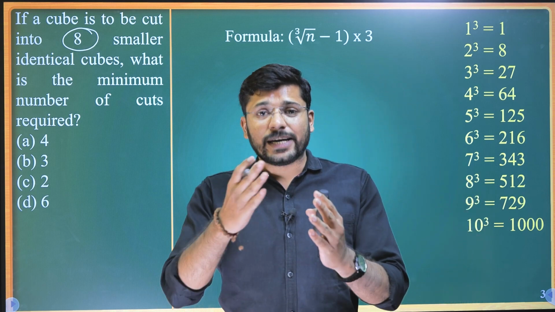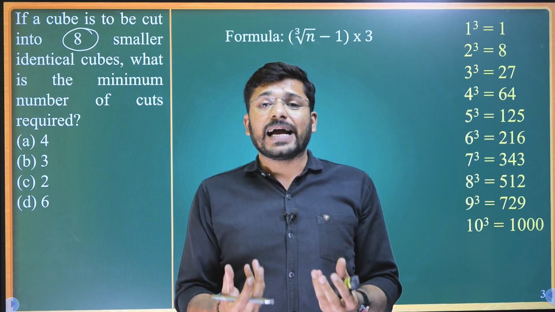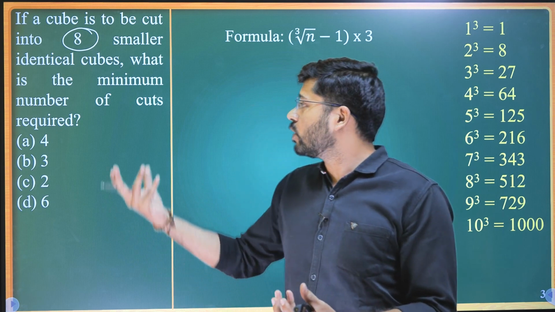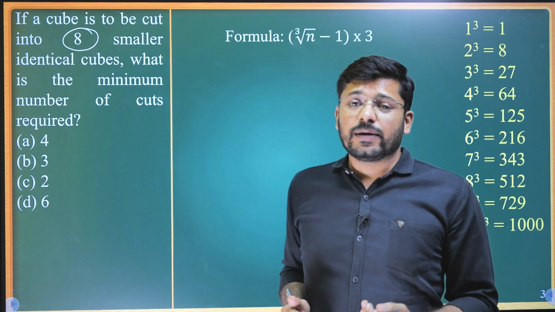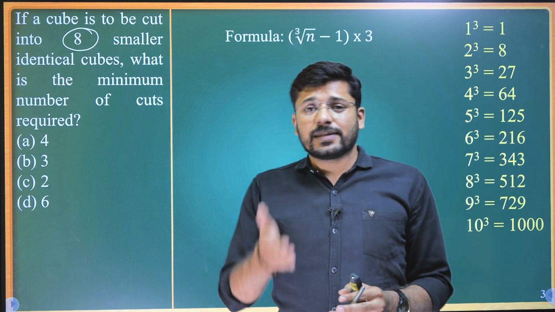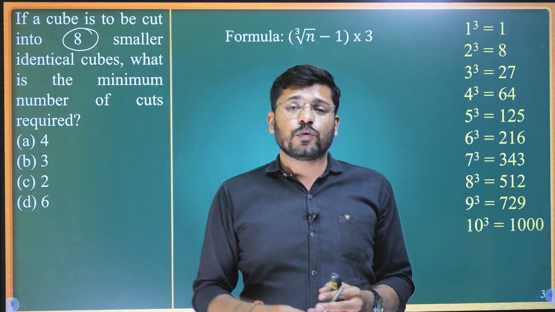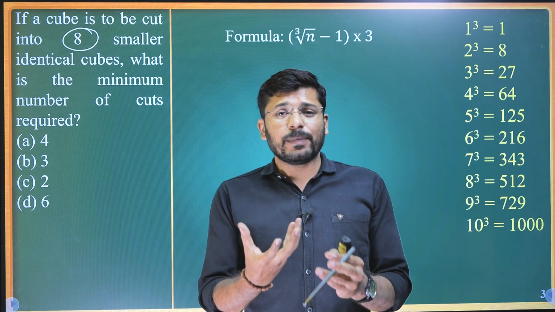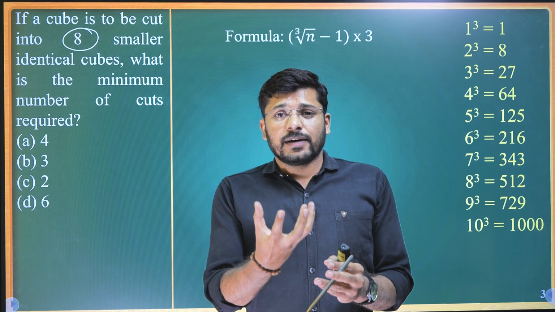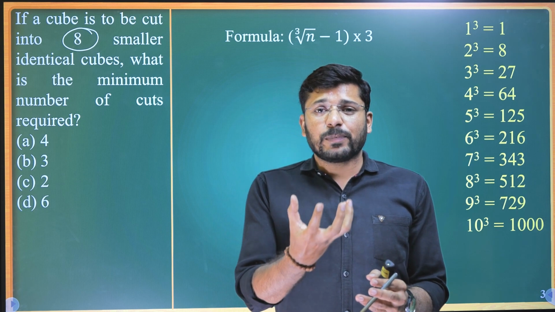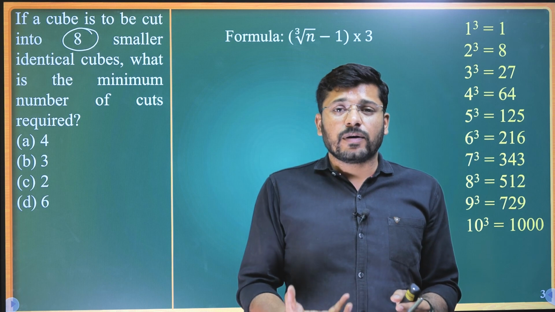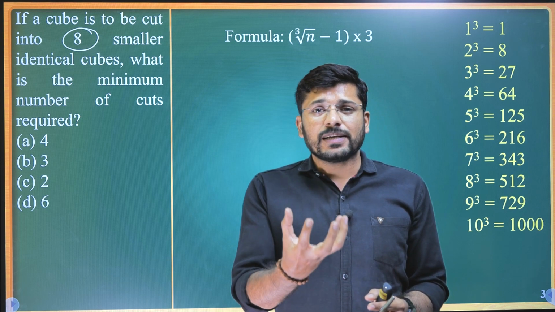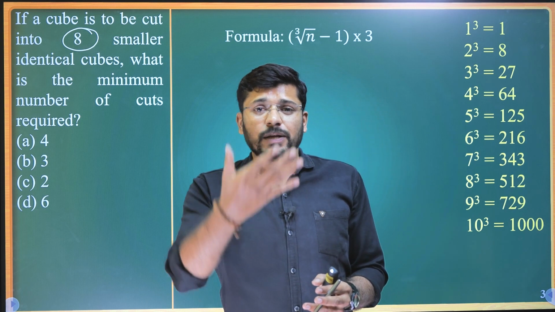If a bigger cube is to be cut to get smaller identical cubes, then what is the number of cuts required? You can take as many cuts, right? Imagine a cube, for example, a cubical shaped cake or a smooth sponge, something you can cut.